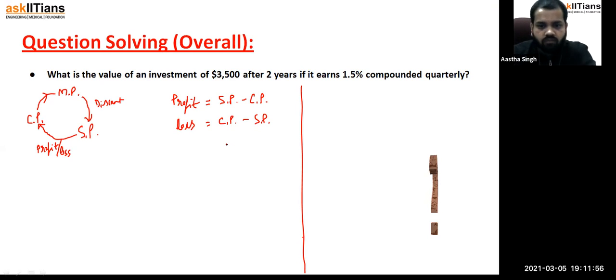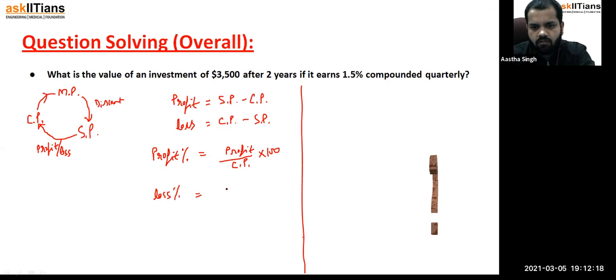What will be the formula of your profit percent? Your profit divided by cost price, multiplied by 100. What will be the formula of your loss percent?